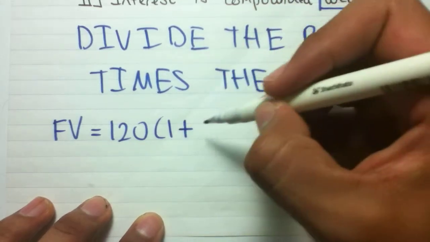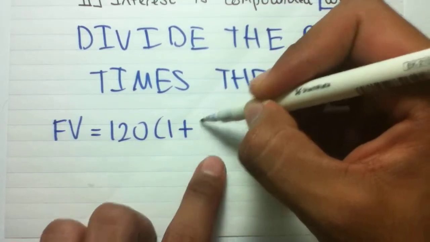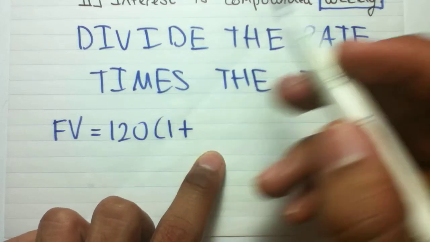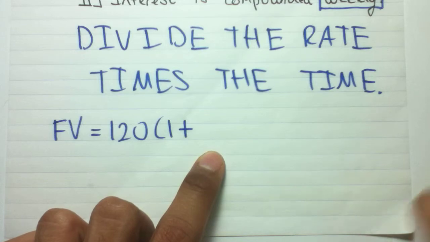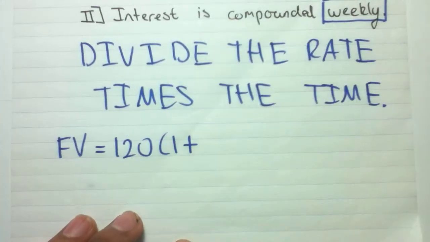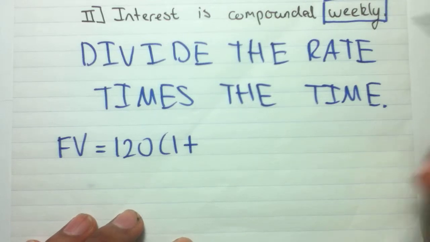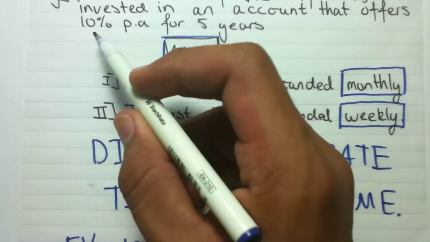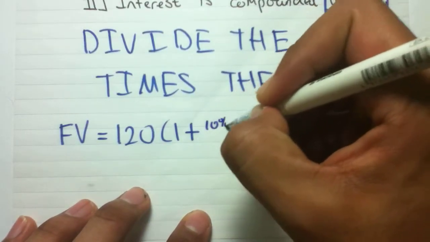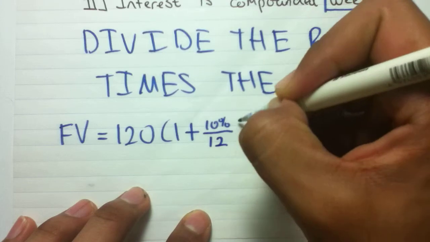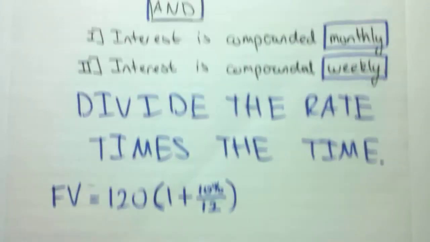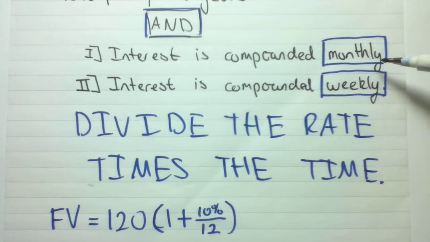Now in this space right here, we write the rate. But our rate has to be different to this 10% for the fact that interest is being compounded monthly, and this new rate is given by dividing 10% by 12. Why 12? Because there are 12 months in a year.